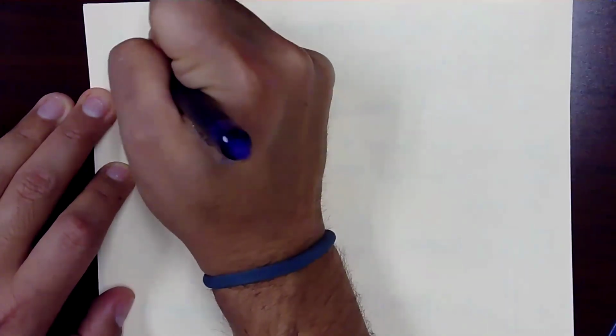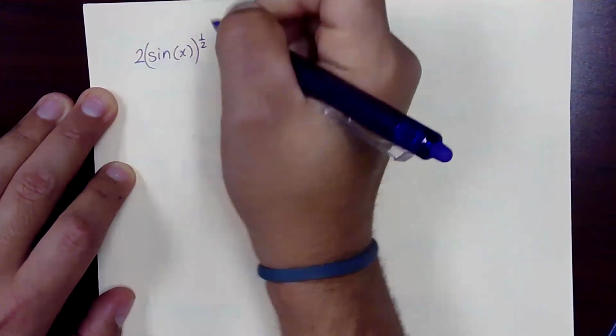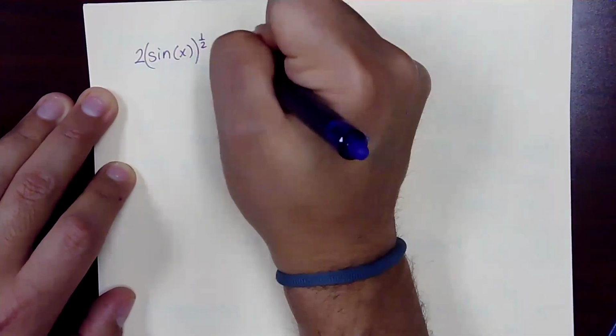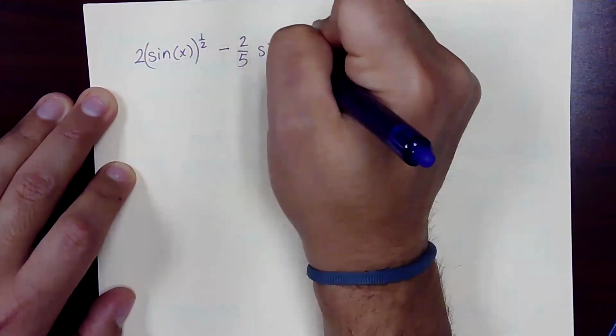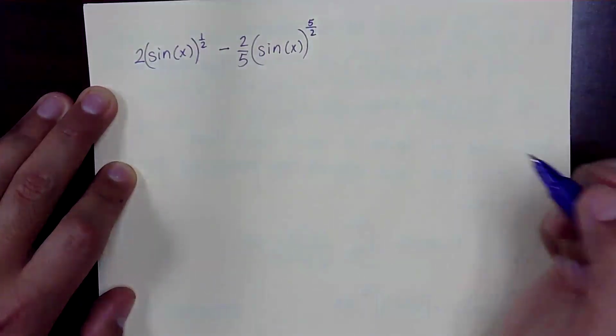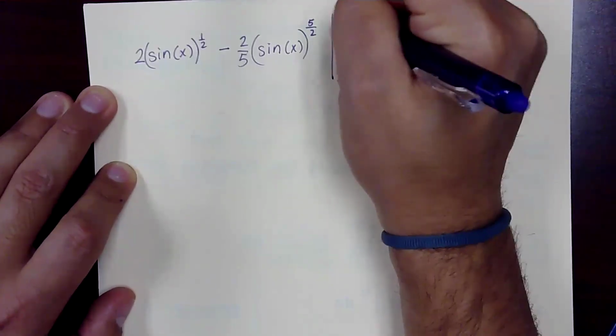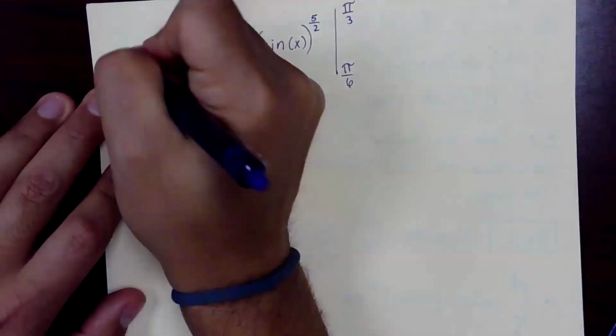Let's see what that looks like. We said 2 sine of x to the 1/2 power minus 2/5 sine of x to the 5/2 power. And we're going to evaluate that from pi over 6 to pi over 3.